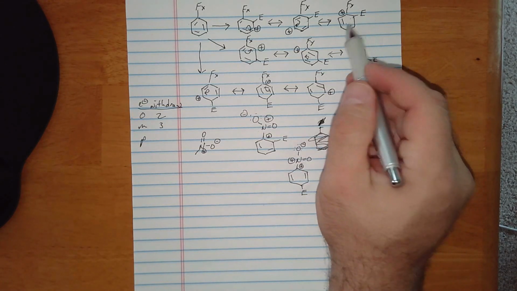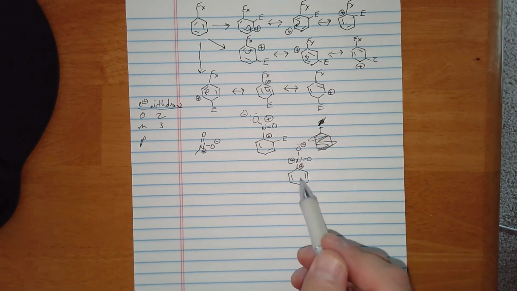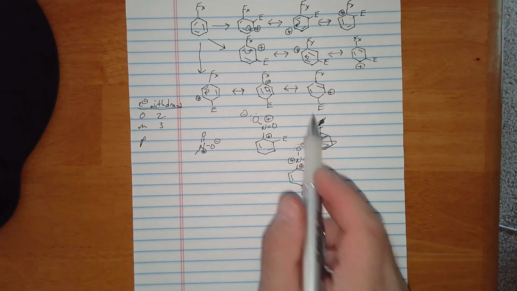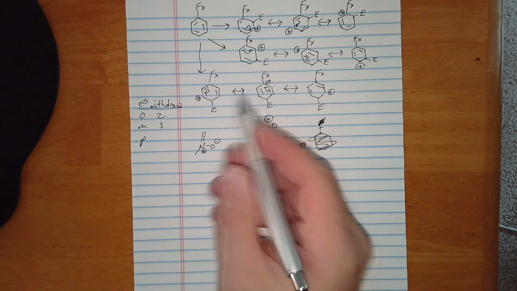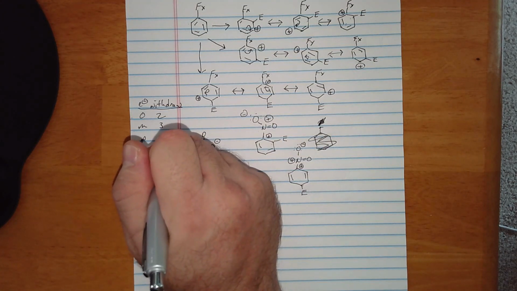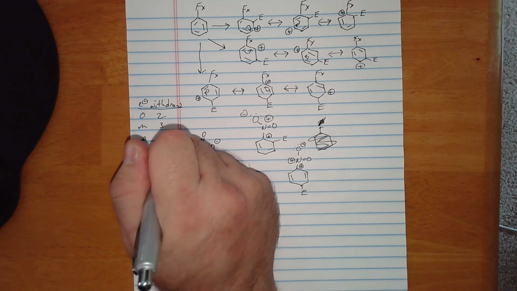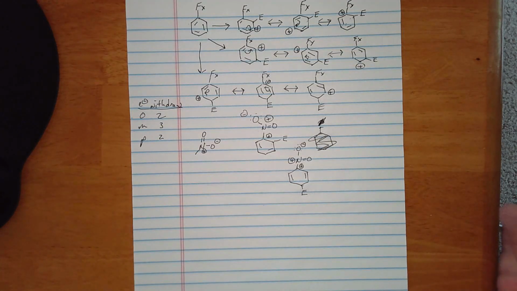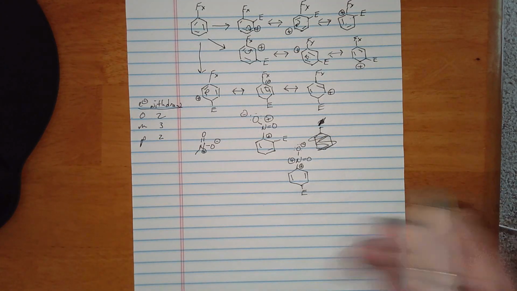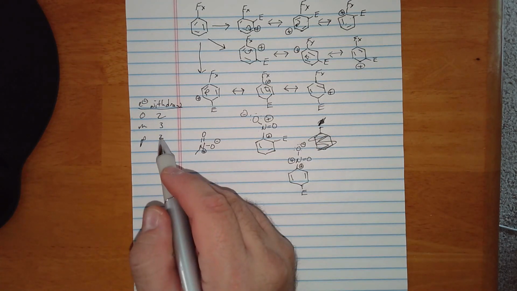So just like in this resonance structure, it exists, but it doesn't help stabilize it as much as these two. So electron withdrawing substitution in the para position has two that help stabilize it, and again that one that is not as helpful as the other two.